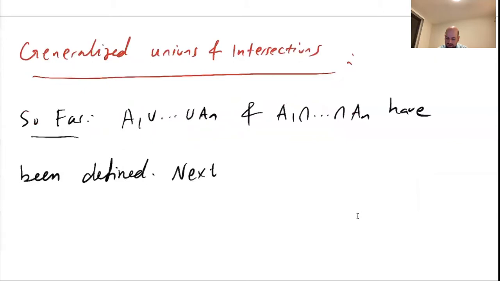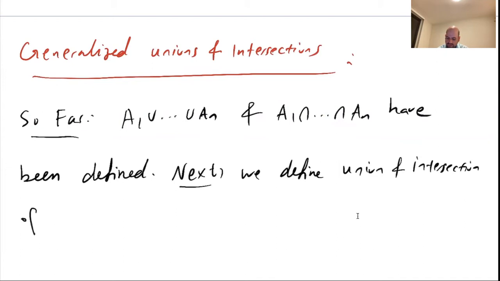Next, we define union and intersection of infinitely many sets. So if we have finitely many sets, we know what to do.